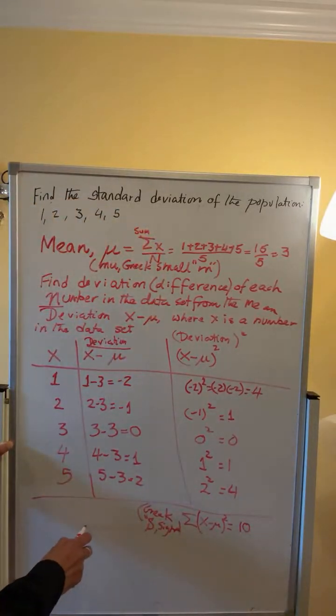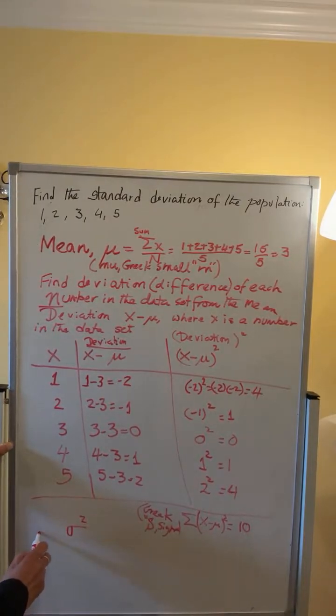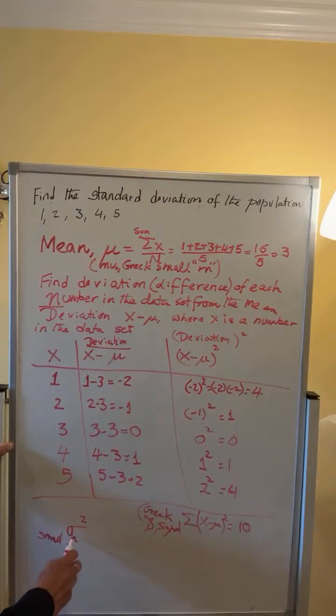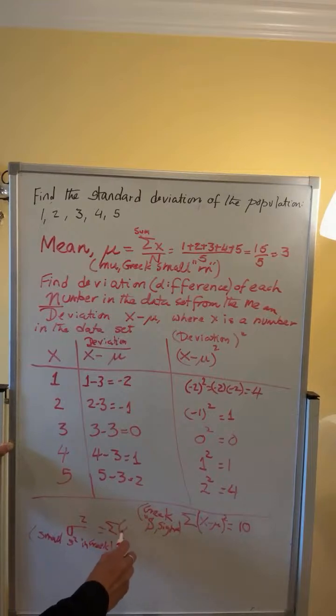Now variance, this is variance, this is small sigma squared, in Greek of course, is the sum of x minus mu squared divided by n.